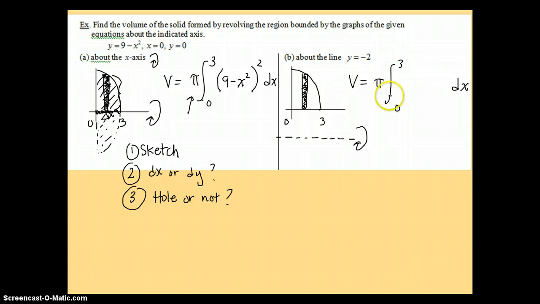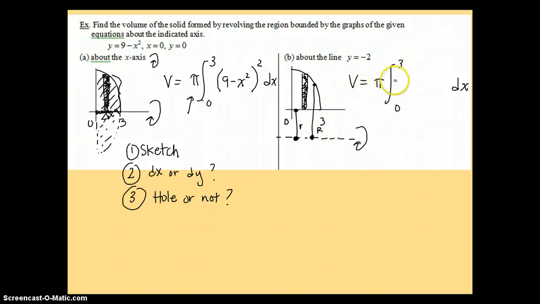Now I need to decide whether we're disk or washer. And when I'm looking at this, I notice that we have all of this region down here where there's a hole. So we have to consider a big R, which is always going to be the length from the outer edge to the axis, always going in the same direction as the rectangle, and the little r, which is going to be from the edge of the hole to the axis of revolution.